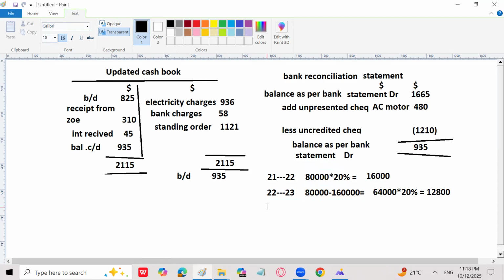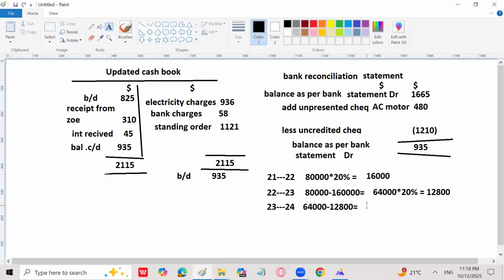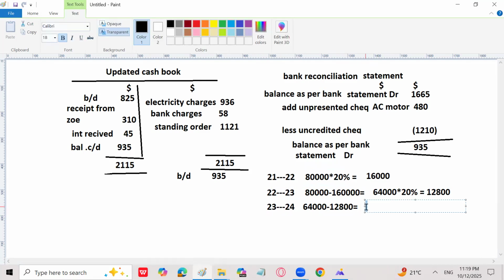Then again, 23 to 24. That is going to be 64,000 minus 12,800, because we need to charge depreciation on the book value every year after subtracting depreciation and for the whole year. So 64,000 minus 12,800. The answer is 51,200 and multiplied by 20% again, because you have to charge for the whole year.